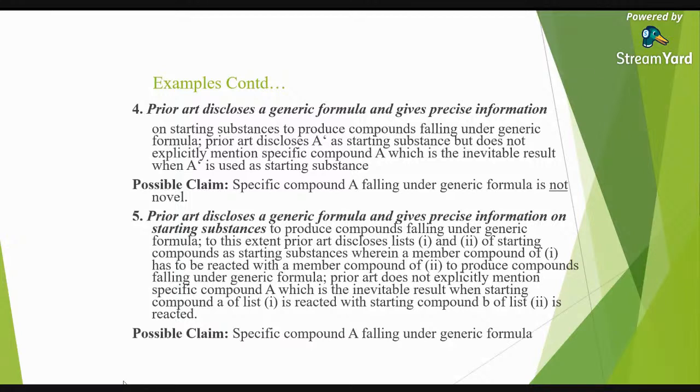Then the prior art discloses a general formula and gives precise information on starting substances, and to this extent, the prior art discloses a list of 1 and 2 starting compounds, and that has to be reacted with a member compound. And the prior art will not explicitly mention the specific compound that is of our choice, which is an inevitable result from the starting compound. So here in this case, the simple possible claim is specific compound A falling under the general formula. So see, they write from a simple situation to a complex situation. The EPC has guided us on how to draft the claims.